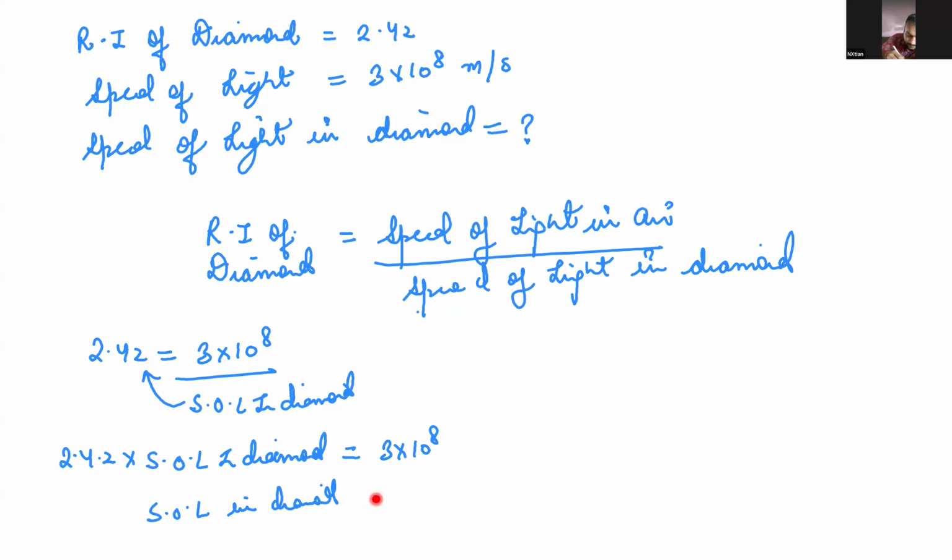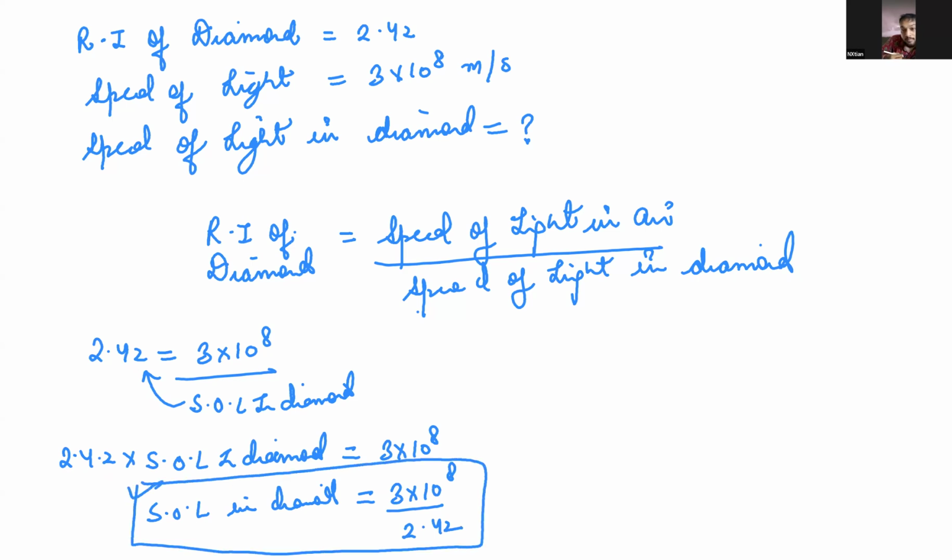So it will come like this: 3 into 10 to the power 8 upon 2.42. This was in divide with this, and multiply with this: 2.42 into speed of light in diamond. Yes or no? Yes, sir.